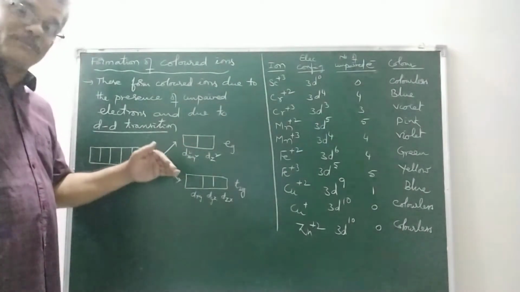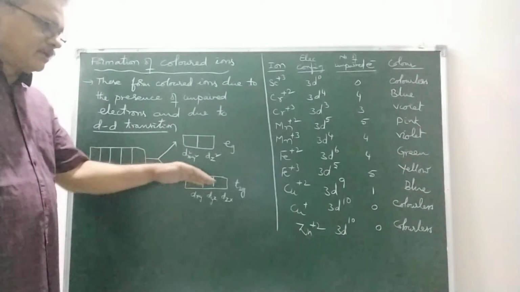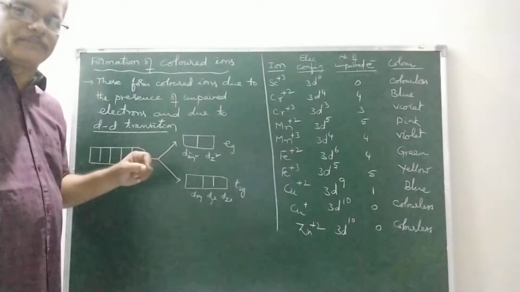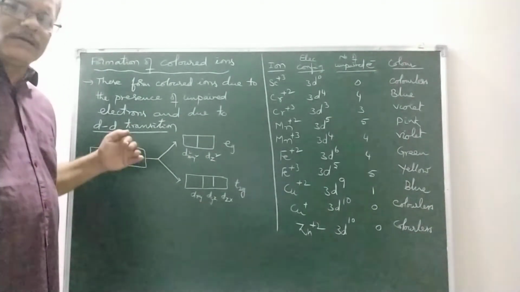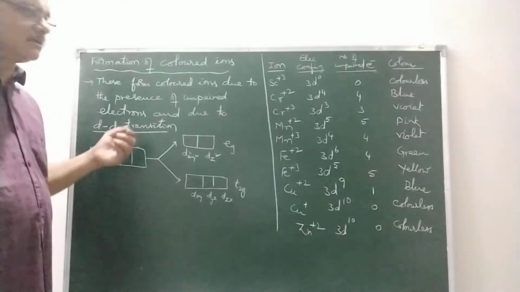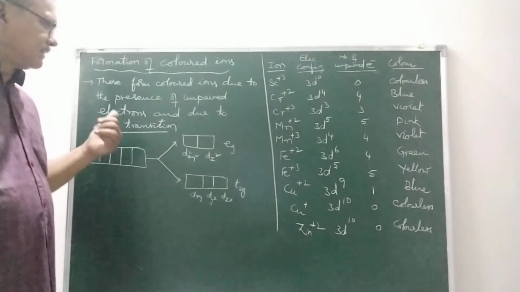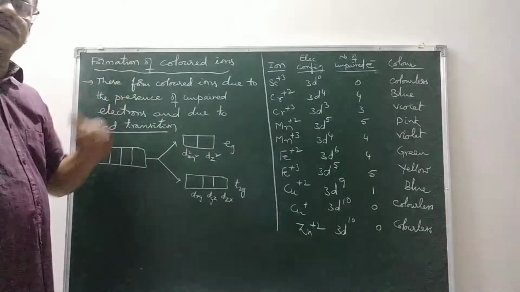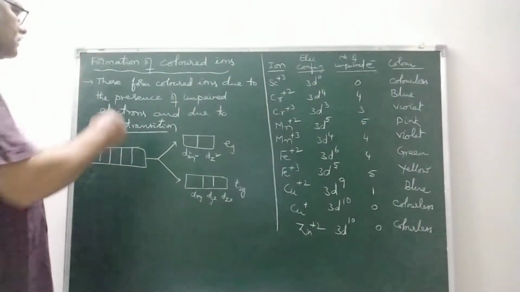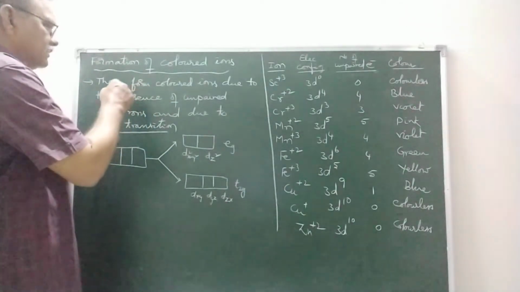For octahedral complexes, T2G orbitals will have lower energy when compared with the EG orbitals. Anyhow, we are now discussing to understand the reason for the exhibition of colors by the D block element ions.